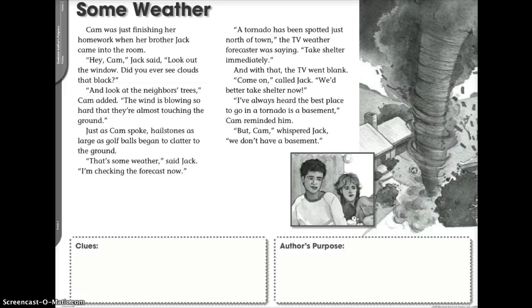"I'm checking the forecast now." "A tornado has been spotted just north of town," the TV weather forecaster was saying. "Take shelter immediately." And with that, the TV went blank. "Come on," called Jack. "We'd better take shelter now." "I've always heard the best place to go in a tornado is the basement," Cam reminded him. "But Cam," whispered Jack, "we don't have a basement."